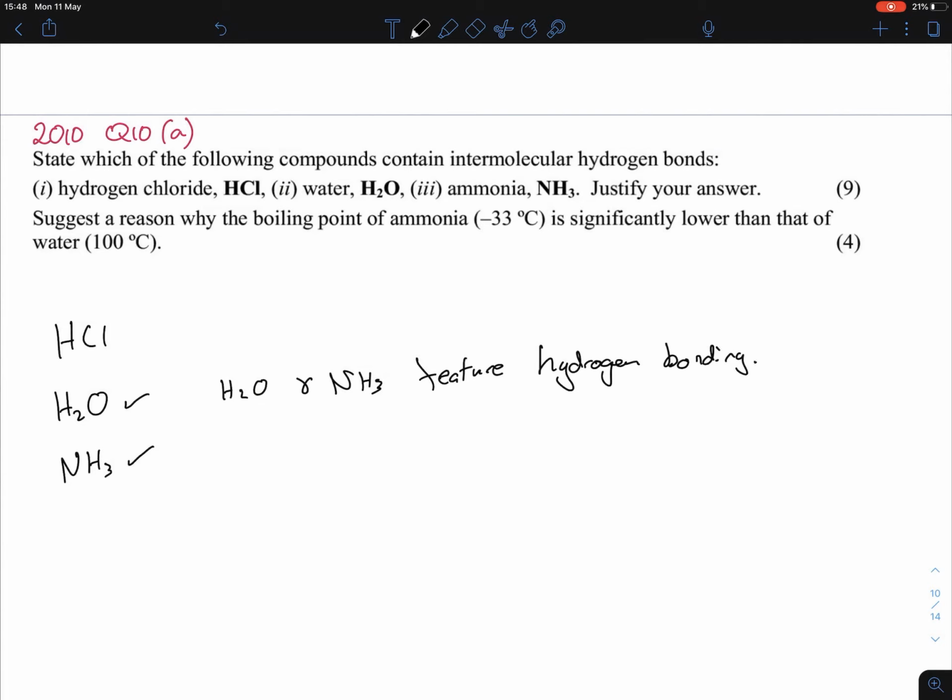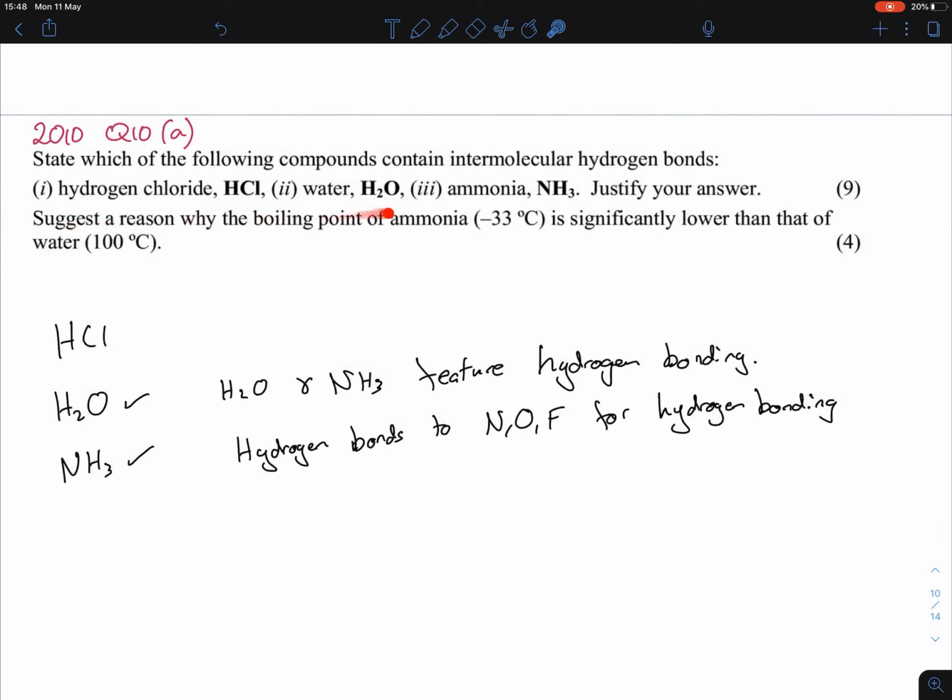For both of those, hydrogen bonds to nitrogen, oxygen, fluorine for hydrogen bonding, and you get your full marks. So there's 9 marks going for that. You got 6 marks for identifying which compounds feature hydrogen bonds, and then 3 marks for your reasoning behind it.